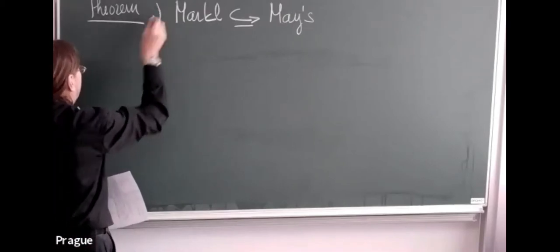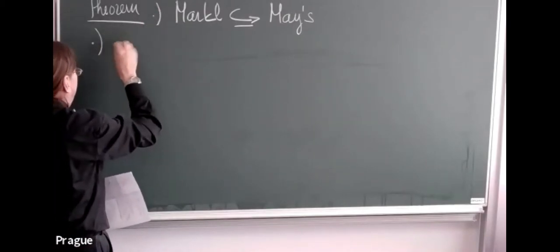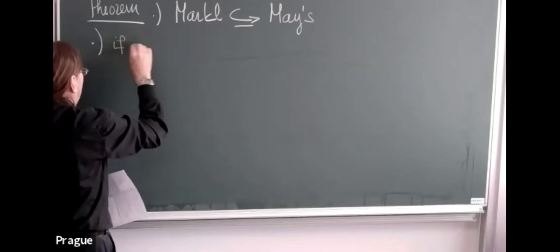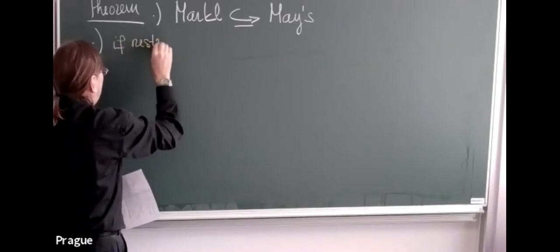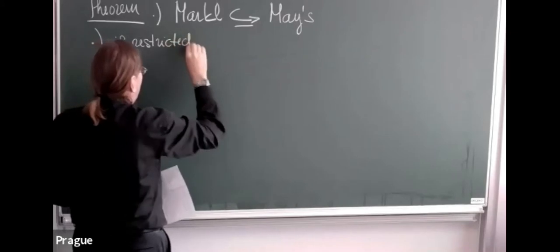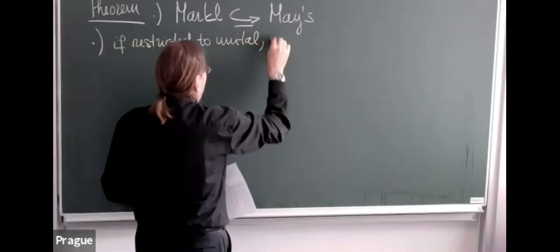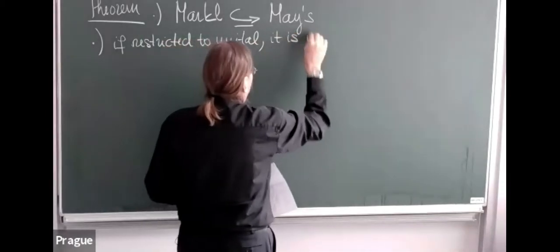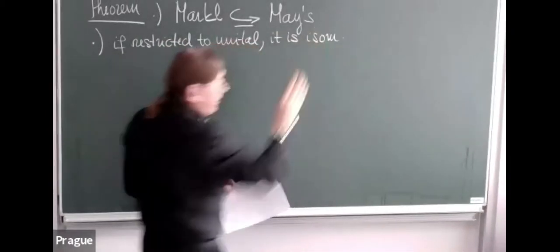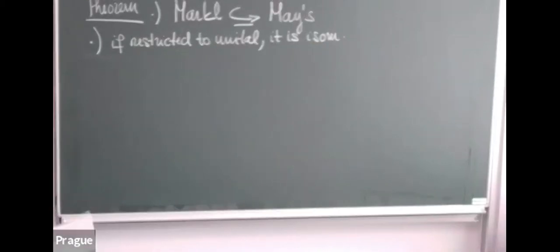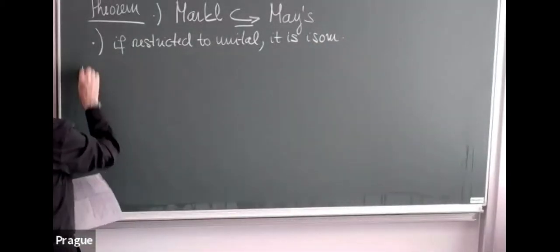This is the first part of the theorem. And second, if restricted to unital, the categories are isomorphic. Fine. So what about the proof?